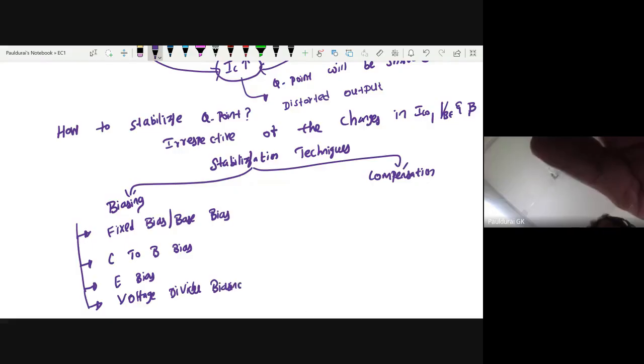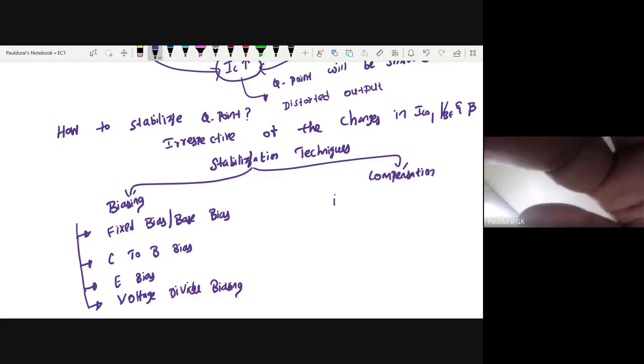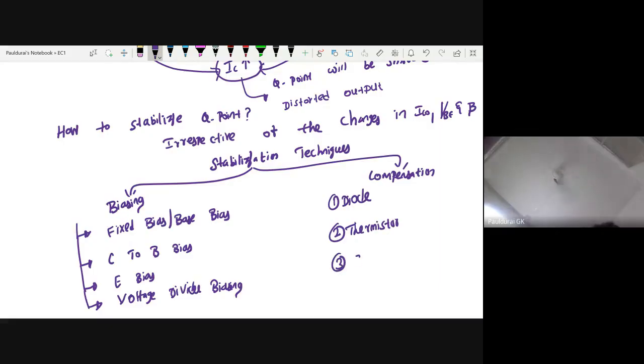In compensation, as I told you earlier, we have three types: one with the help of a diode, another with the help of a thermistor, and third with the help of a transistor.